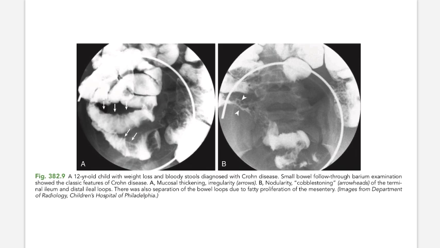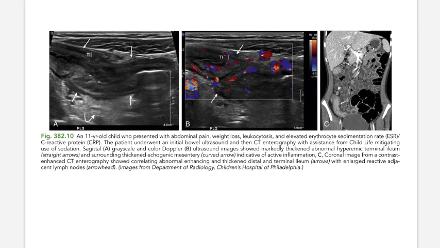So what we have to remember from this image is that we have seen cobblestoning, which is this image, and this is mucosal thickening and irregularity in this image. Again, this image is of Crohn's disease.